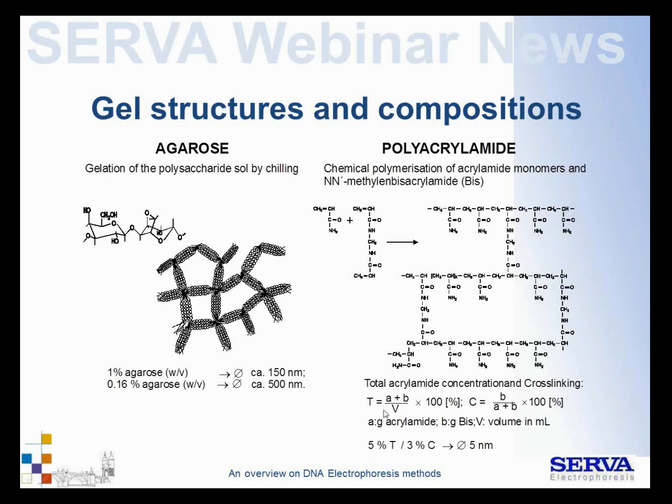The first is the total acrylamide concentration, T: you add acrylamide plus bisacrylamide, the cross-linker, divided by the volume of the gel, times 100. So the higher the T value, the smaller the pore sizes.